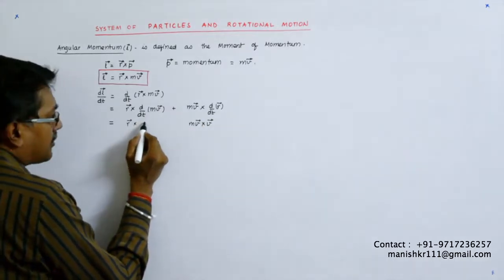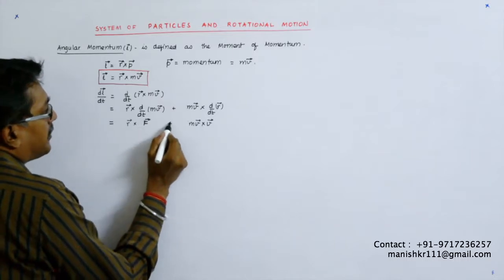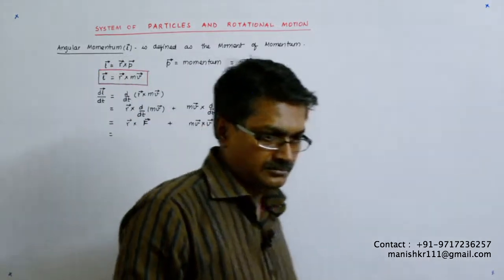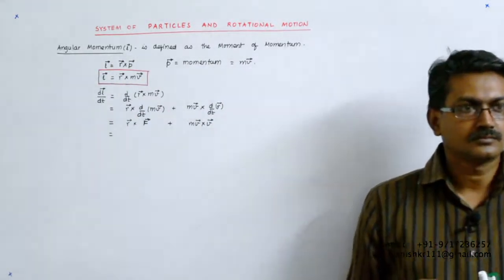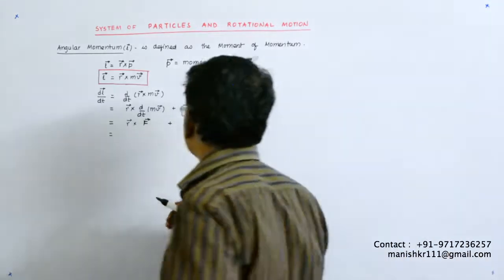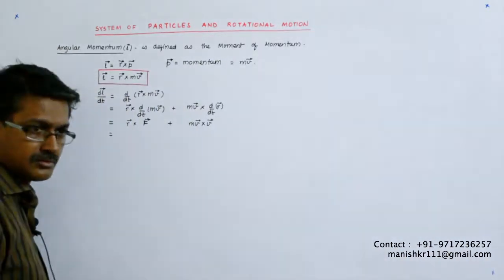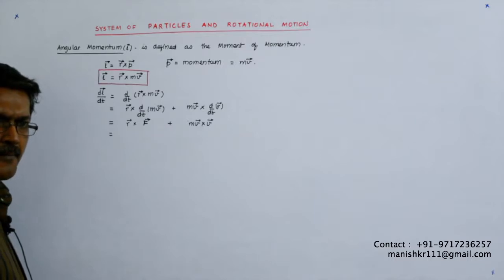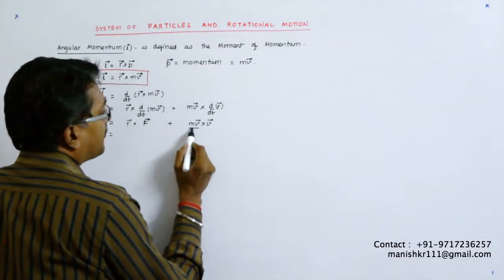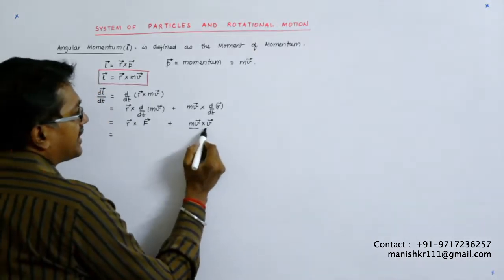Rate of change of momentum. So this is f plus, just a sec. What is this? Why is it 0? They are in the same direction. This is scalar multiplication of v by m, and this is v itself.